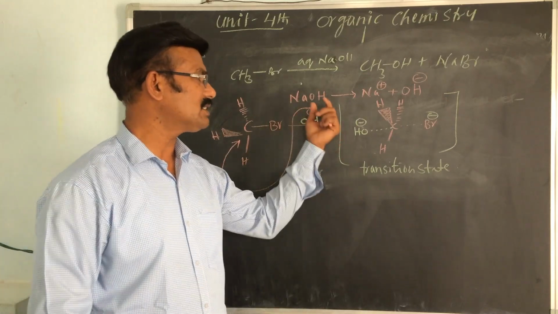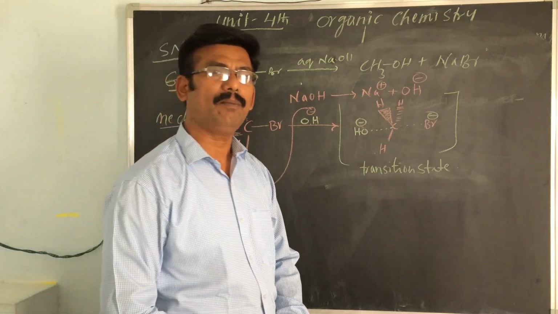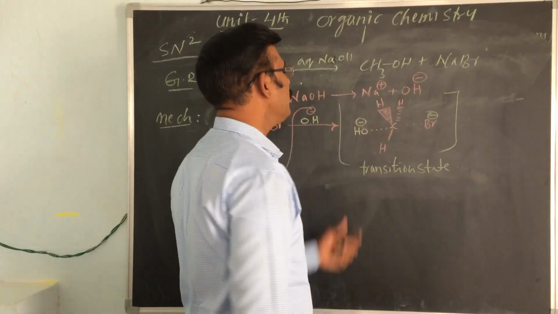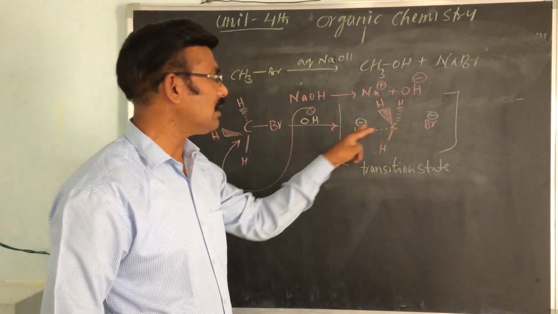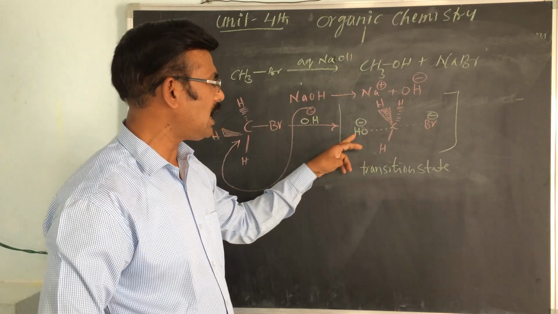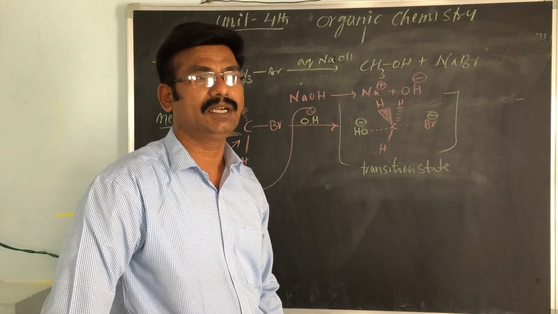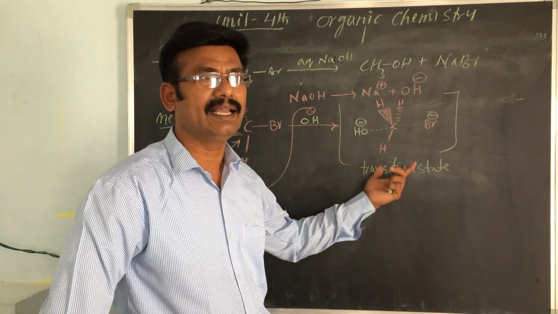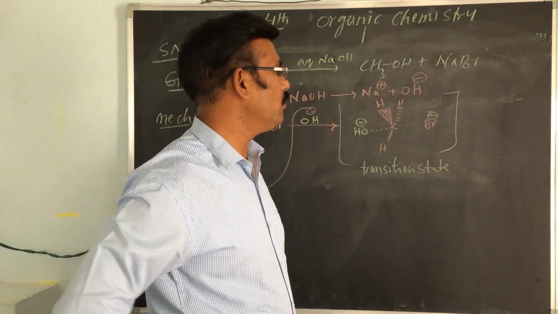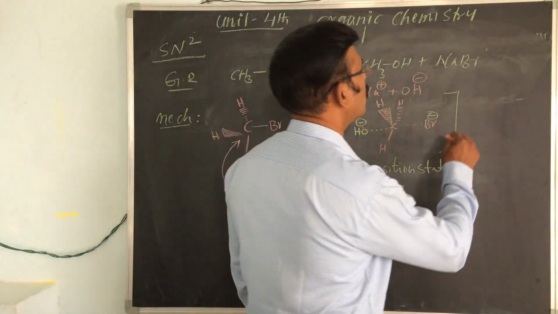After some time, this transition state slowly collapses to form the compound, because both the partial hydroxide and Br minus are partially negatively charged. One is attacking, another is leaving from the compound, and after some time it collapses to form the compound.